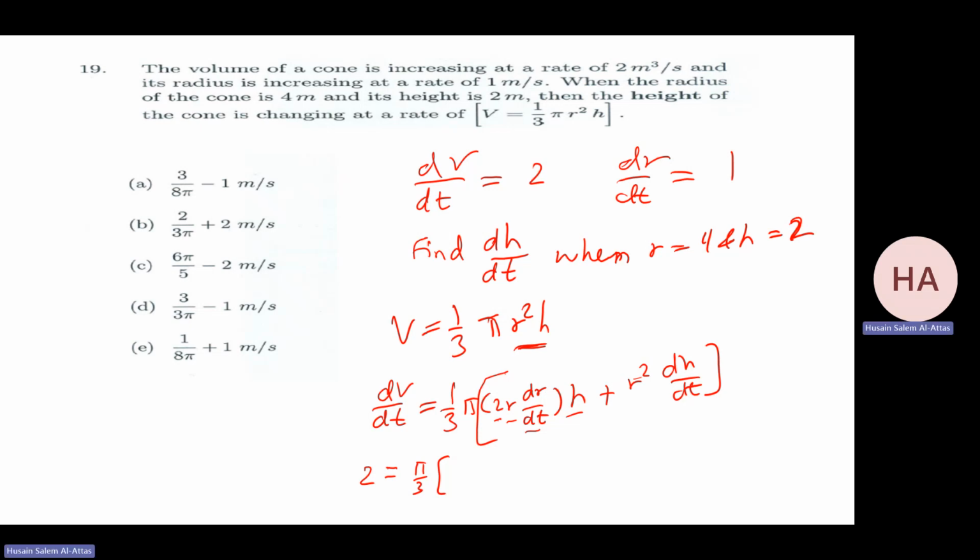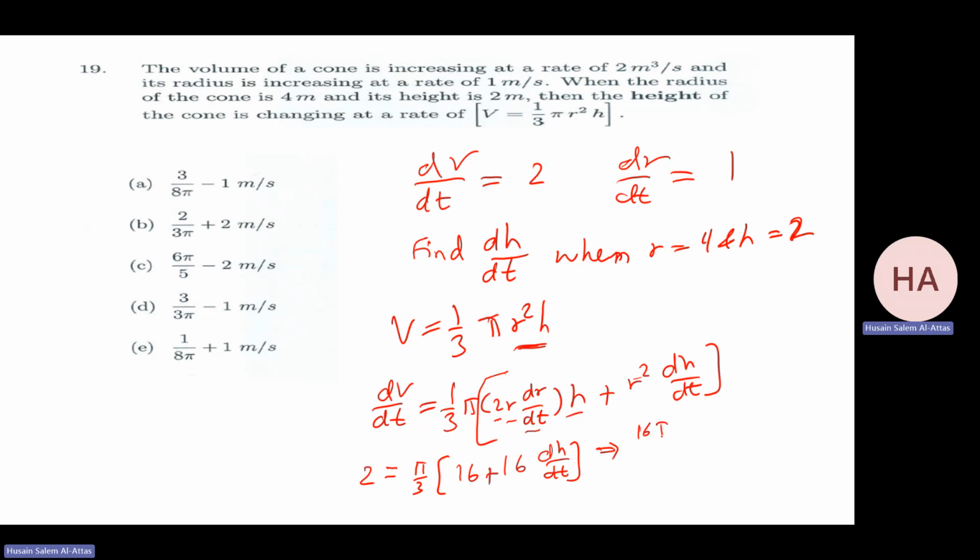2 times R, R is 4, 8 times 2, it will be 16. Plus R squared, 16, another 16 times dH over dt, which is what we're looking for. So what we have, you can take 16 out.